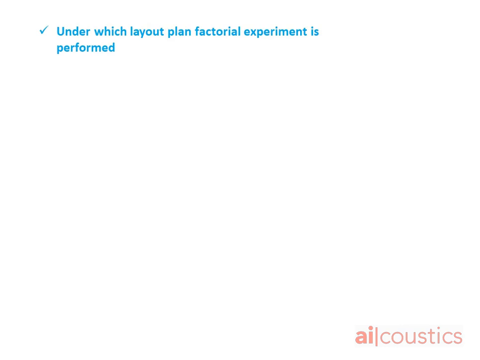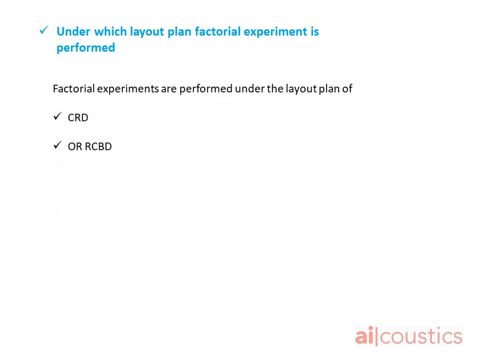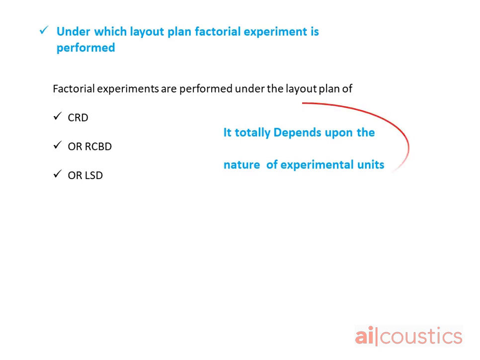Now the next question is that under which layout plan factorial experiment is performed. Factorial experiments are performed under the layout plan of CRD or RCBD or LSD. It totally depends upon the nature of experimental units.